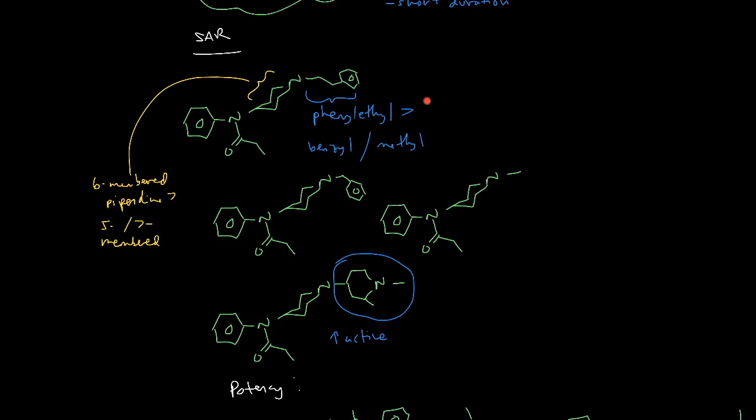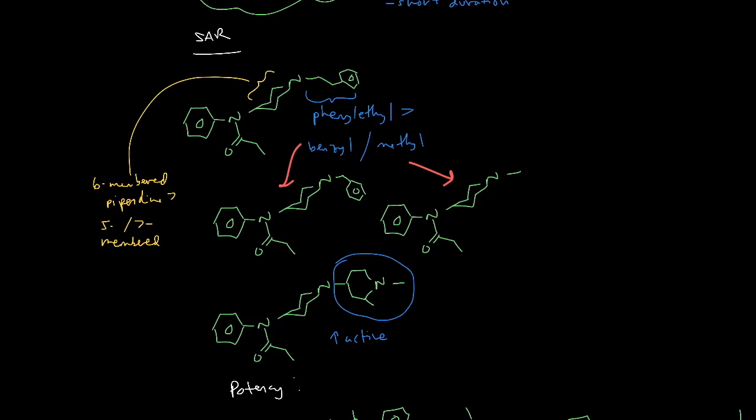So phenylethyl is more active than benzyl or methyl, and the 6-member piperidine ring is more active than the 5-member or 7-member ring. The group attached to the nitrogen, the 6-membered ring with 1 nitrogen and a methyl, is actually more active than fentanyl itself.